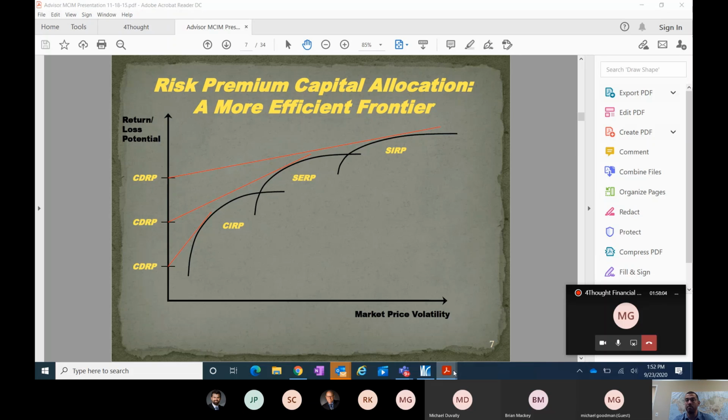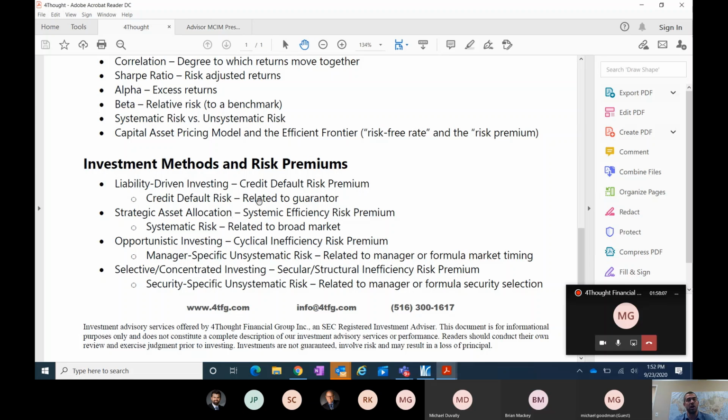So effectively what that means is by diversifying not just by the types of assets that are used, like you would in strategic asset allocation or traditional modern portfolio theory, but by also adding on this additional layer of diversification by investment method, by using not just strategic asset allocation, but liability-driven investing, opportunistic investing, and selective concentrated investing, which are methods that can take advantage of those other risk premiums, then you can actually improve the risk-adjusted returns of the overall portfolio, right?